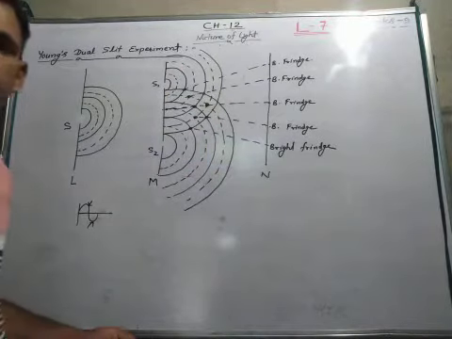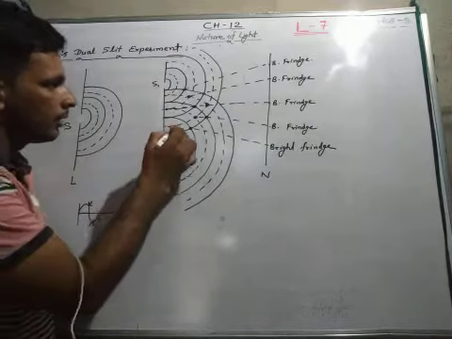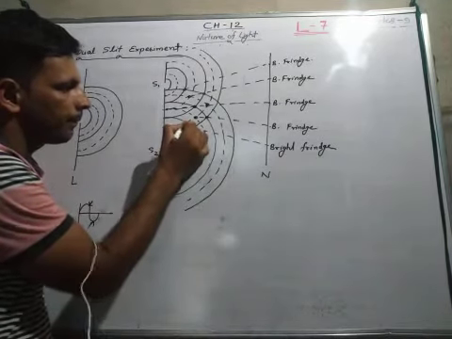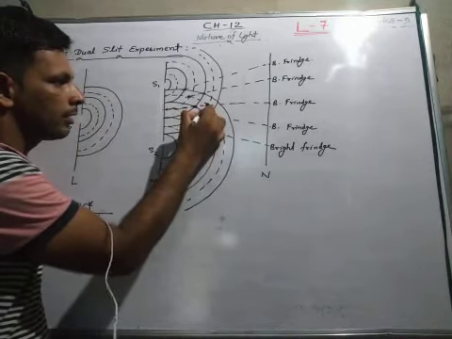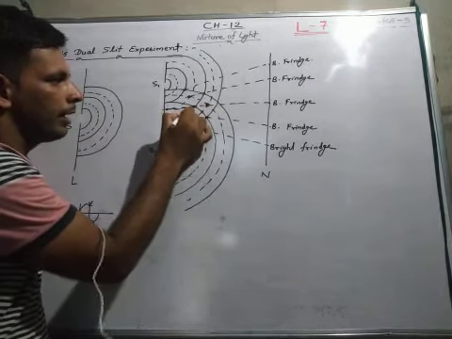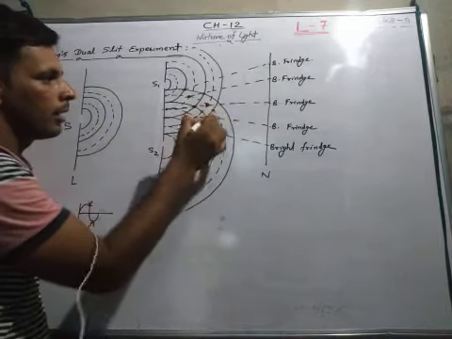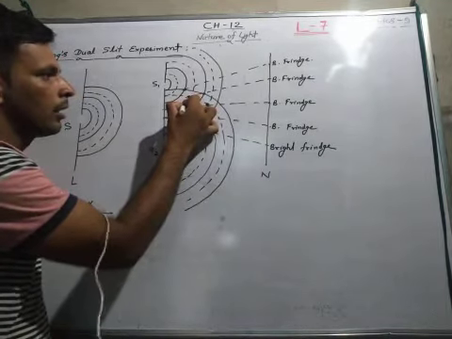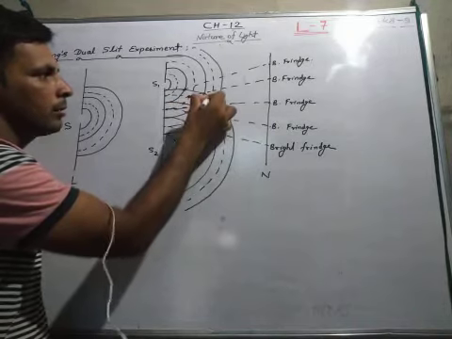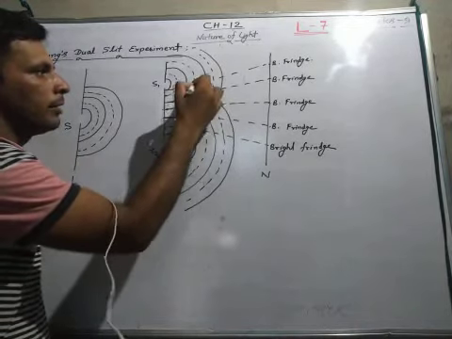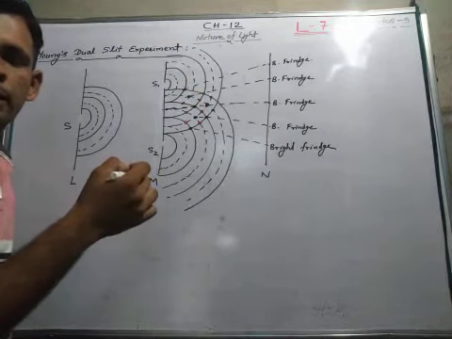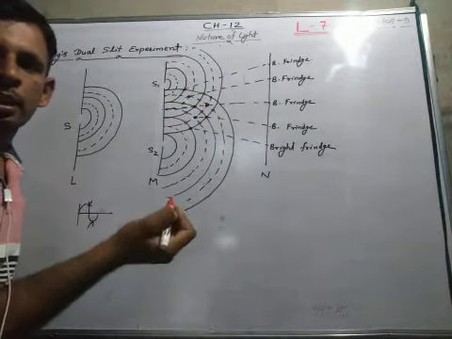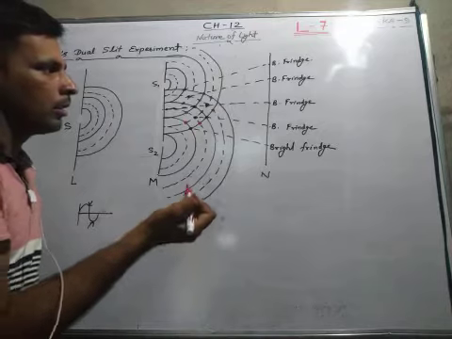And at this place, shown by red color, the crest part intersects the trough and the trough intersects the crest part.